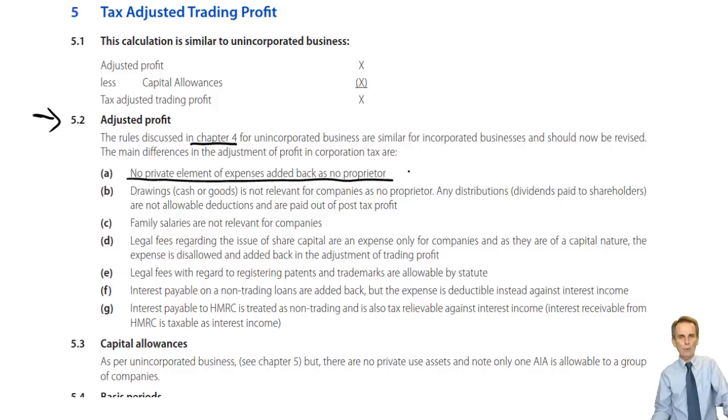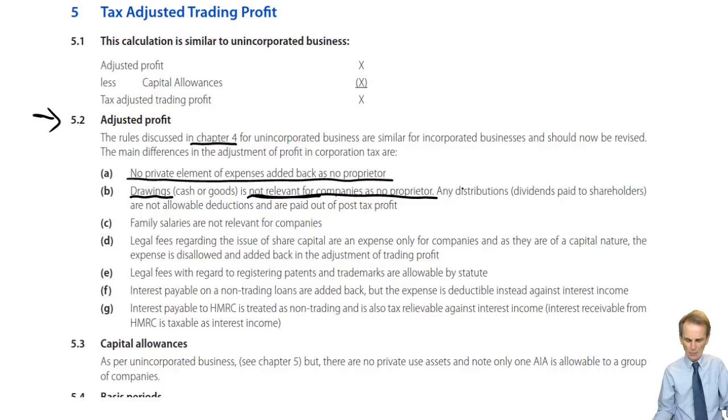There's no private use adjustments, no add back for private use by a proprietor, as there is no proprietor. Equally, there won't be any drawings. Drawings, of course, are not going to be an issue, whether that be in cash or whether it be in goods taken from stock. Not relevant now for companies, as again, no proprietor.